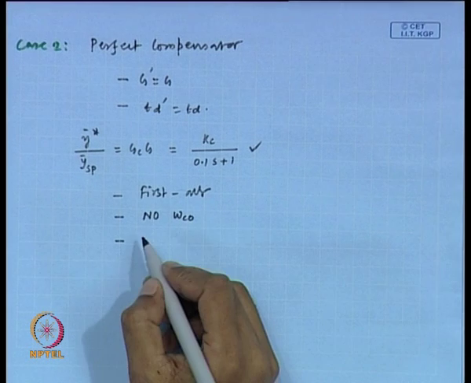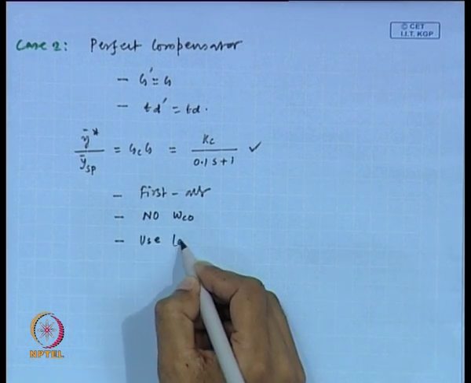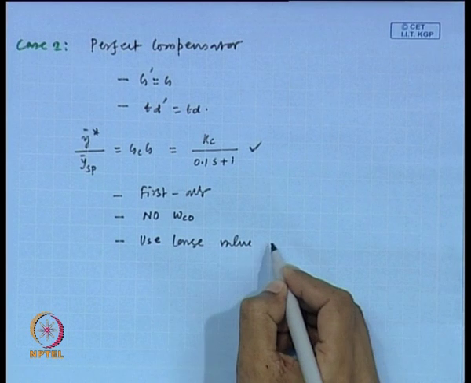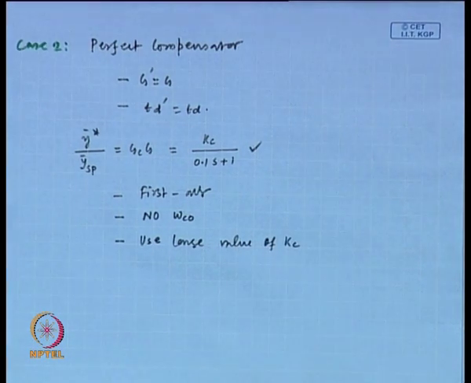There will not be any instability problem. Suppose this value is 100. Since there is no instability problem, we are considering large value of Kc, and that is 100.